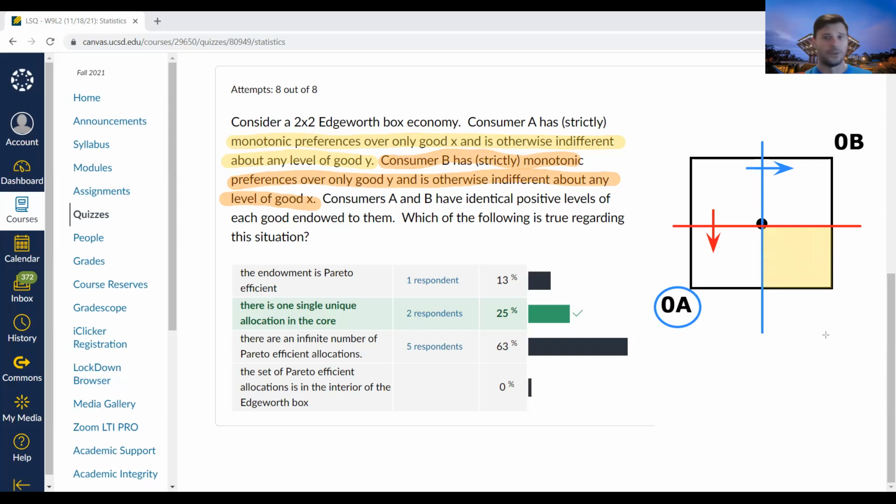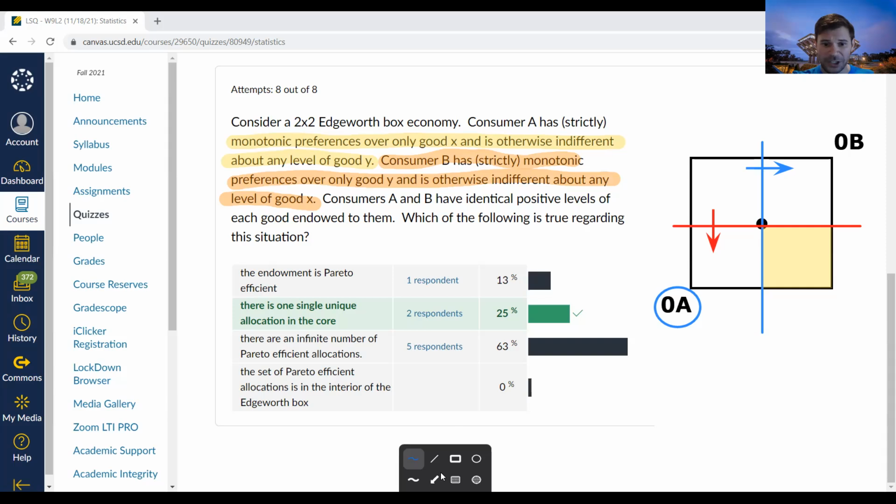Okay, now intuitively, if you have someone that only cares about X and the other person only cares about Y, the efficient allocation, what should that really look like? If we're using the resources in the best way, one person only cares about X, the other person only cares about Y, then the efficient allocation, yeah, it's got to have them each getting only the good that they want.